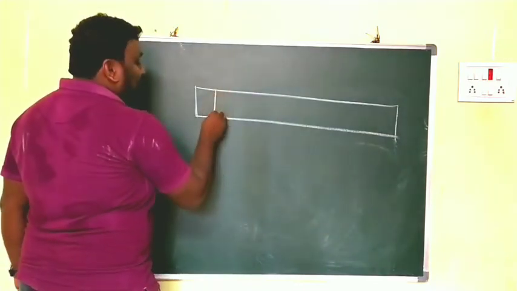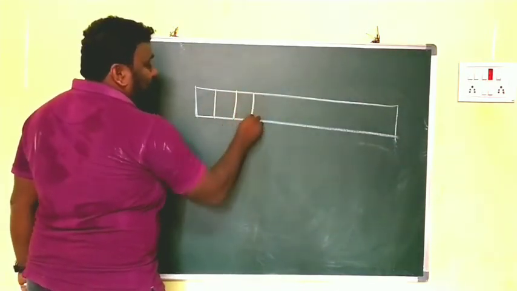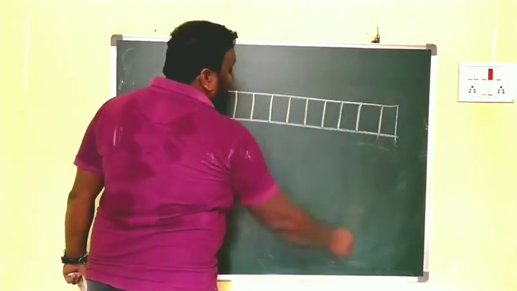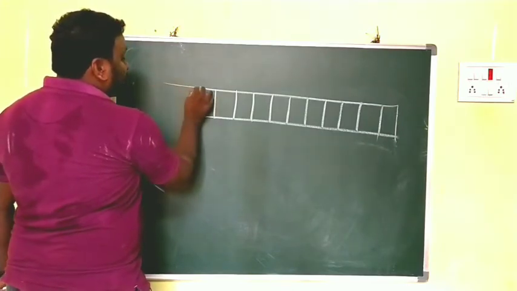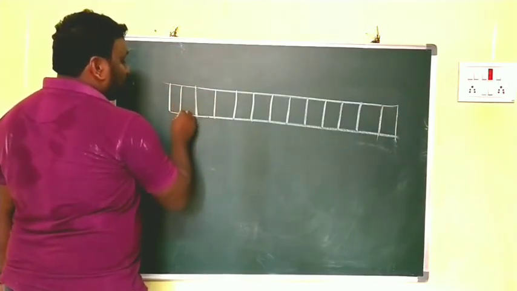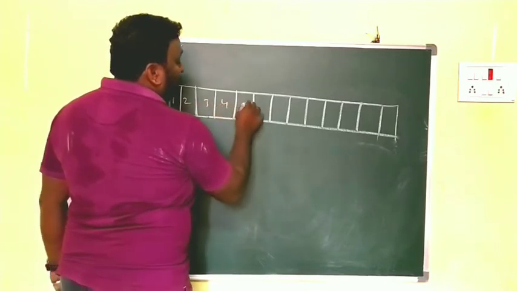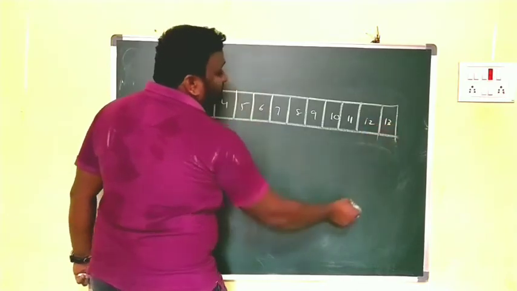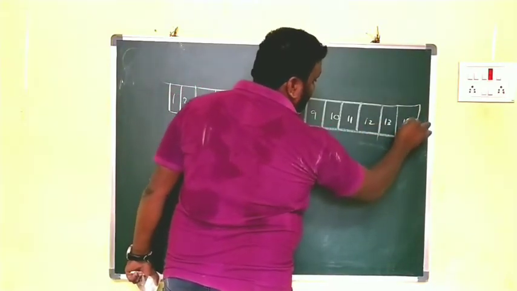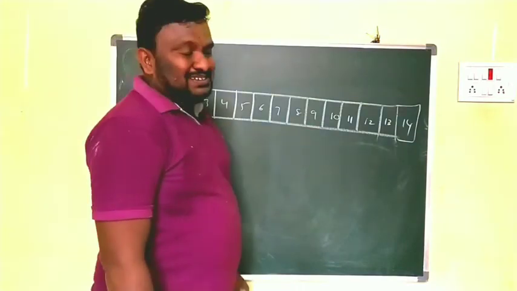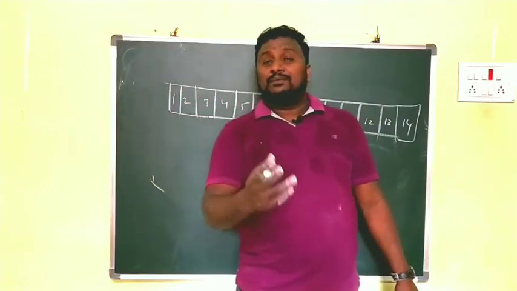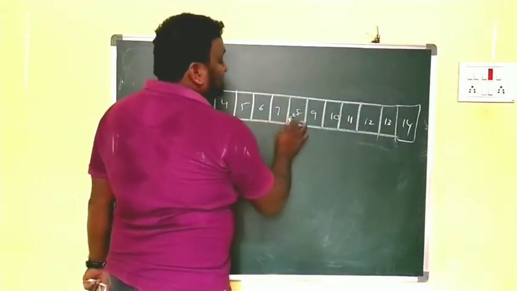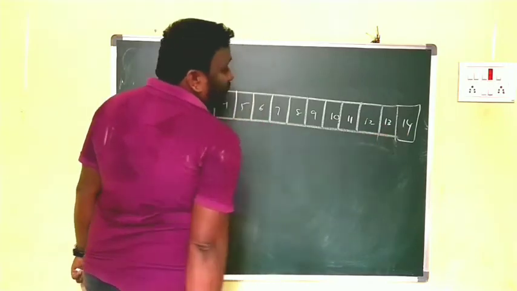In that we have values from 1 to 14. It is in our textbook also. 1, 2, 3, 4, 5, 6, 7, 8, 9, 10, 11, 12, 13, 14.